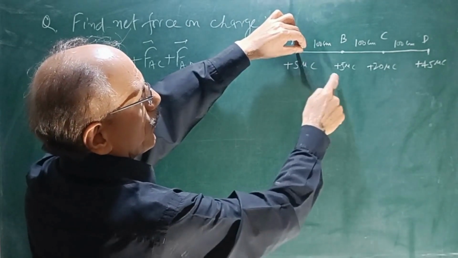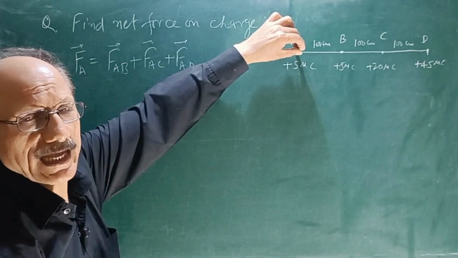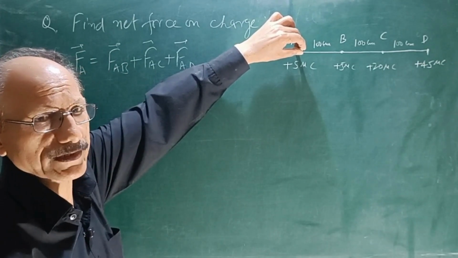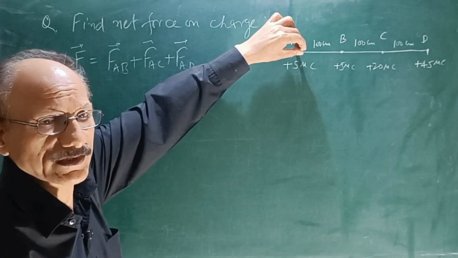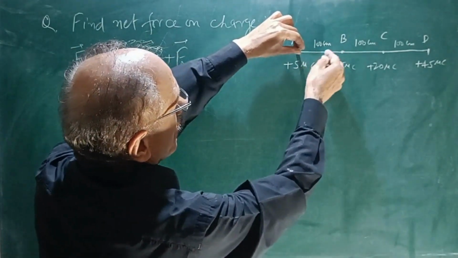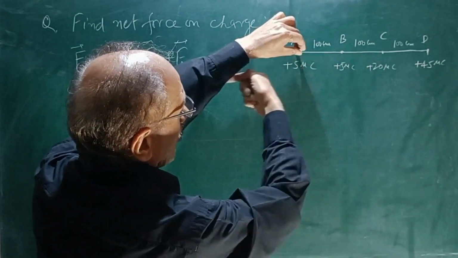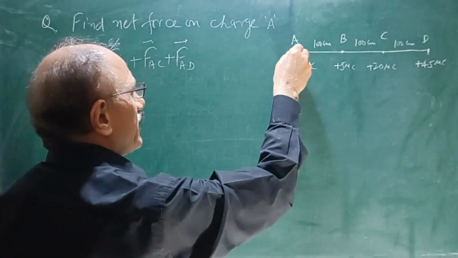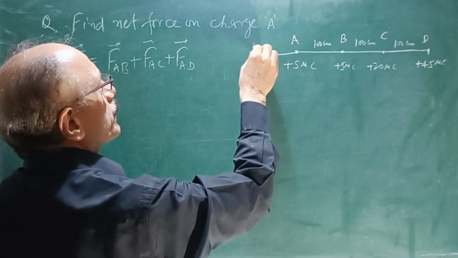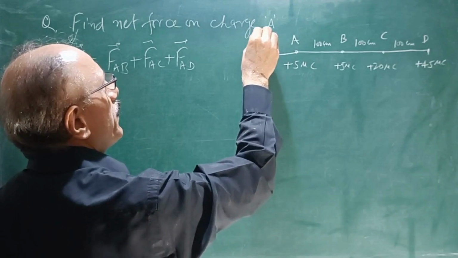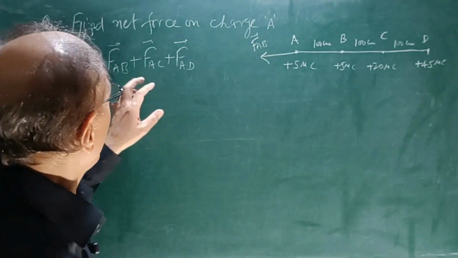How are these two charges? Like charges, and like charges always repel, so there is no question of attraction. So it will repel. Here, how will it repel, this way or that way? It will repel it this way, so this is the force on A due to B.